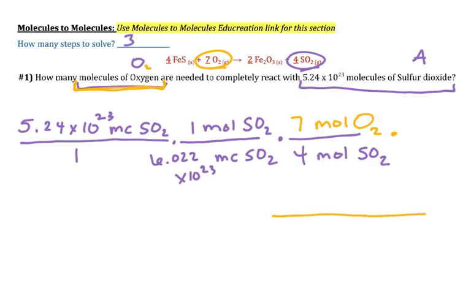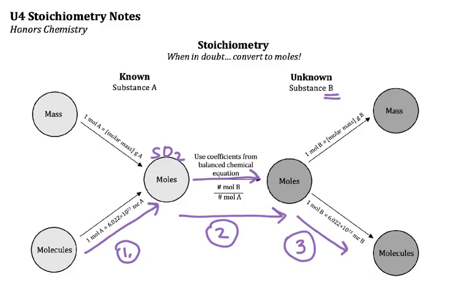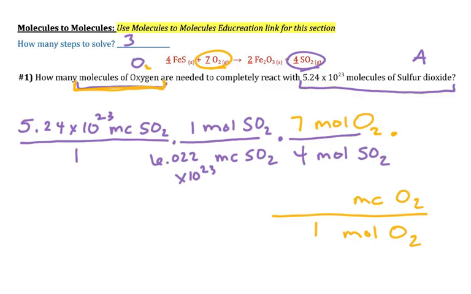Moles are on the numerator here, so moles are going to go in the denominator. Moles of oxygen. I want molecules of oxygen in the numerator. And back to that definition of a mole, 1 mole is 6.022 times 10 to the 23rd molecules, so that's going to go on the top.